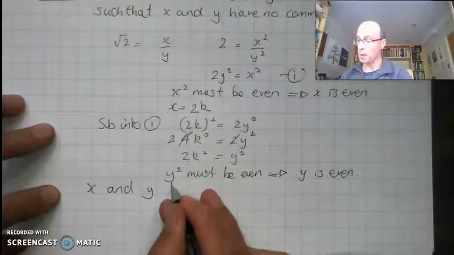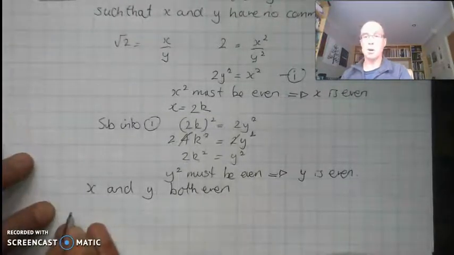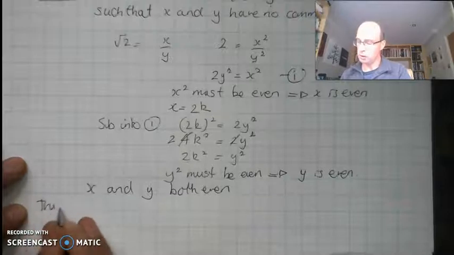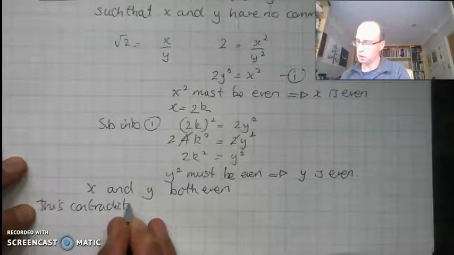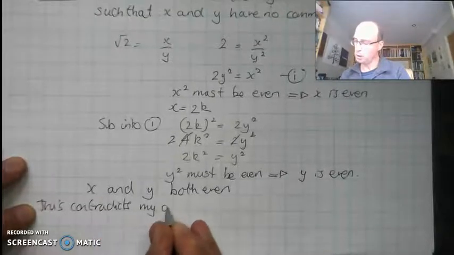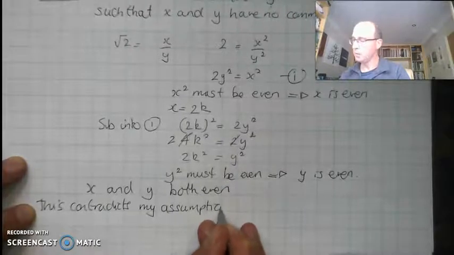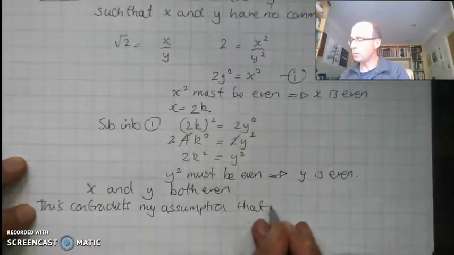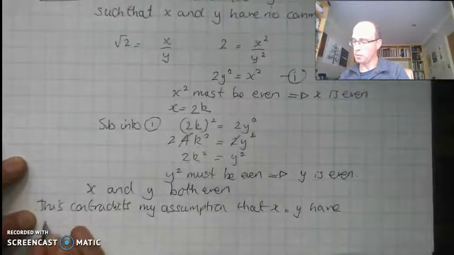So x and y both even. So I'm going to state my contradiction. This contradicts my assumption that x and y have no common factors.